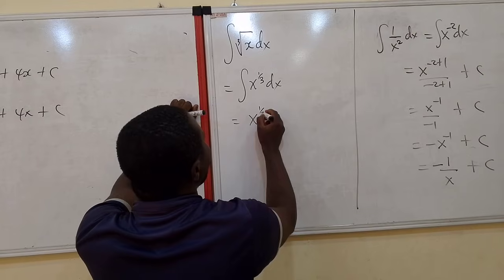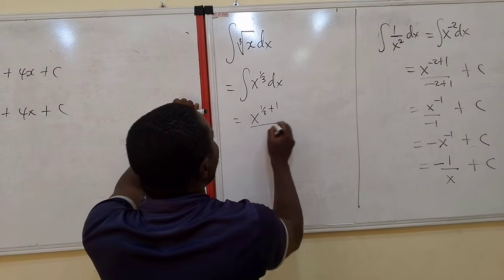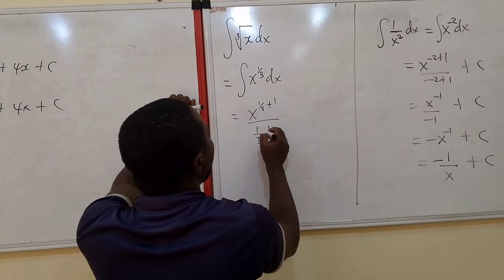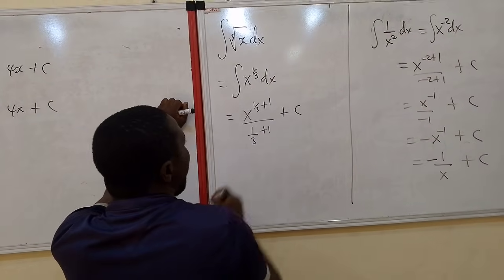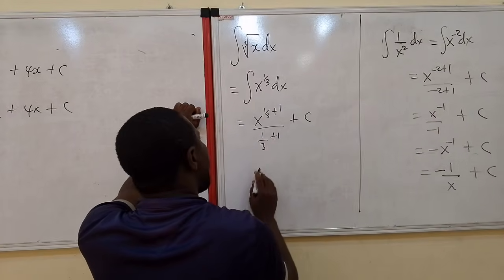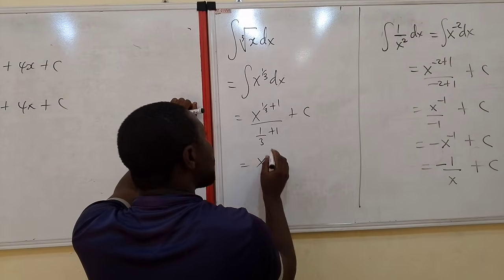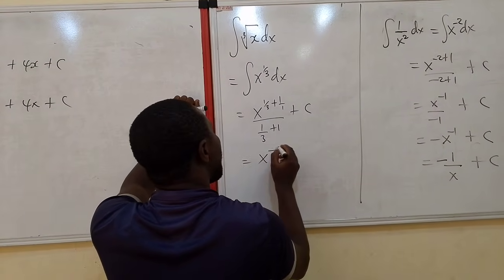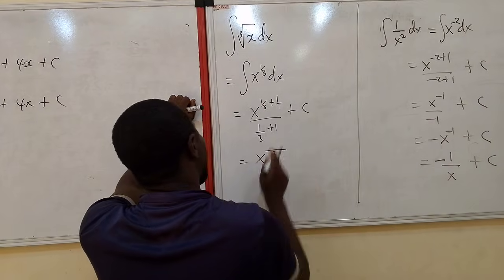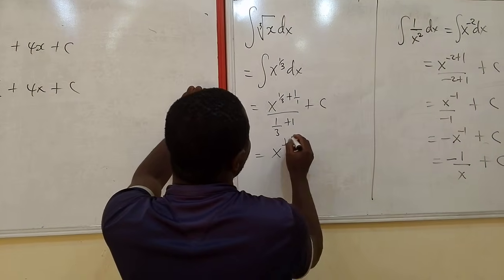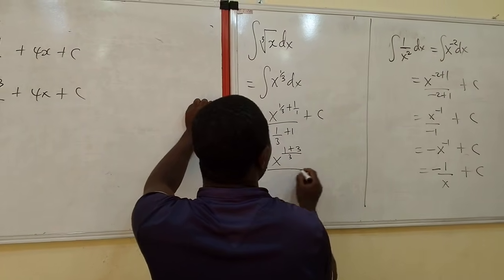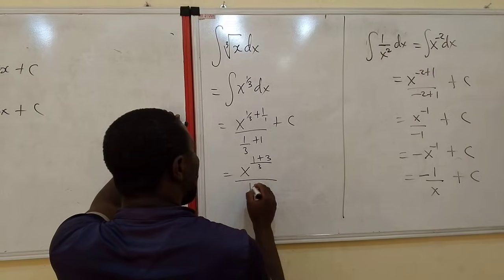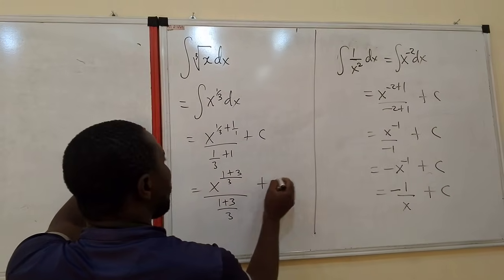X raised by 1 over 3 plus 1, over 1 over 3 plus 1, plus c. We take the LCM. The LCM is 3. 3 divided by 3 is 1, times 1 is 1, plus 1 divided by 3 is 3, times 1 is 3. Over the same thing, 1 plus 3 over 3 plus c.